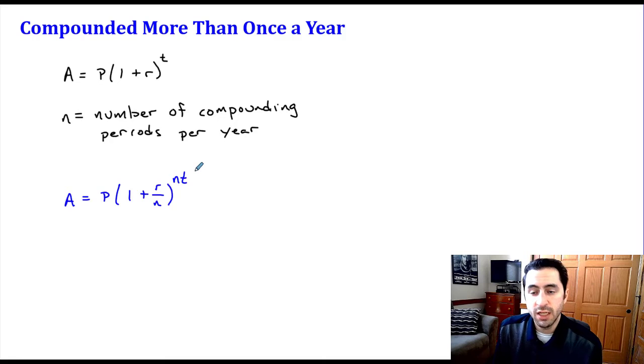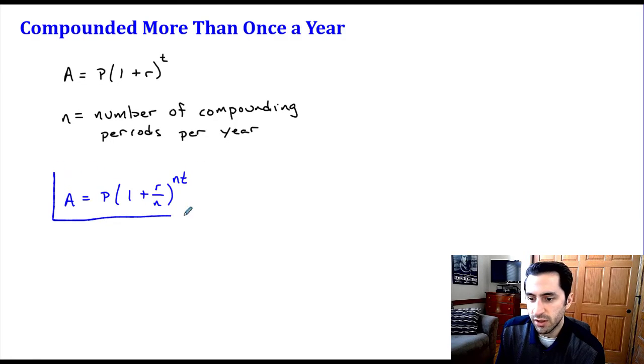So for example, if I'm compounding monthly and I'm keeping my investment in the account for 5 years, that's 12 compounds for 5 years. That gives me a total of 60 times that I'm going to compound my interest, and that's what this exponent represents. So that's how we adjust our formula so we can take into account multiple compounds a year.